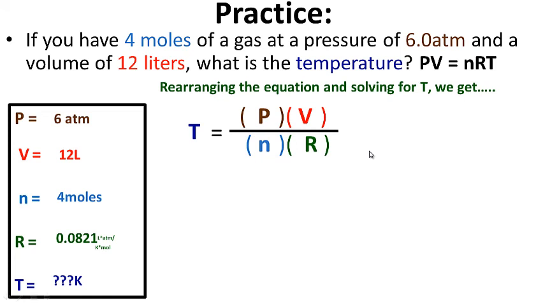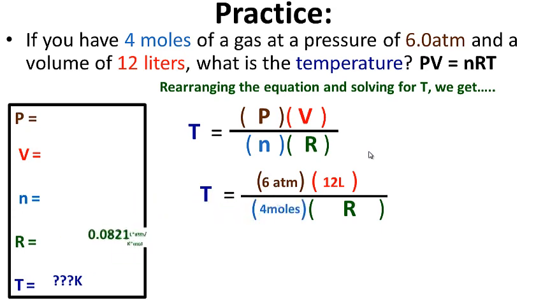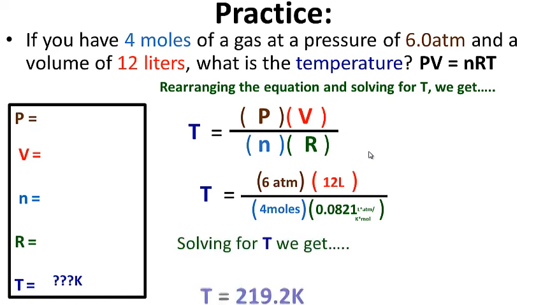Now we can substitute in our values: 6 atmospheres of pressure, a volume of 12 liters, 4 moles, and our constant R, 0.0821. Solving for T, we get 219.2 Kelvin. That is the temperature of our gas. Hopefully you got that right.